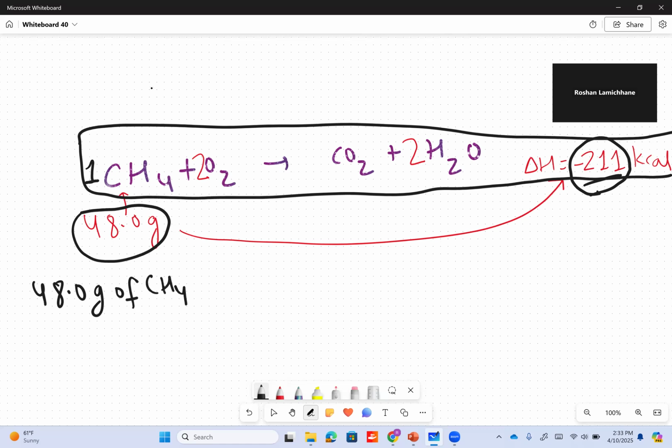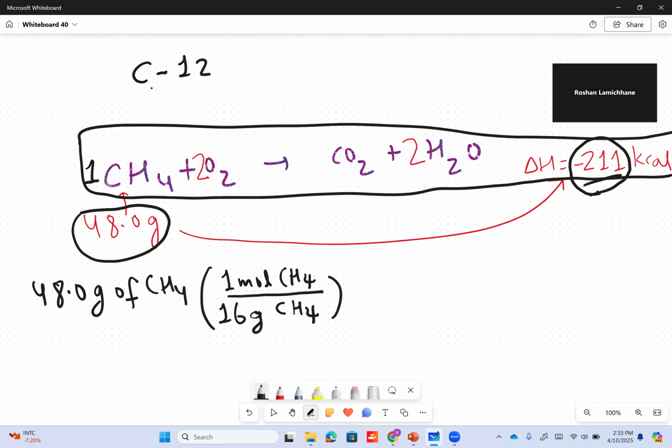So the first step I'm going to do is convert my mass of methane to moles of methane. And I use something called molar mass. If you're not familiar with this concept, make sure you revisit that. How do I get this number? Carbon's atomic weight, if you look at the periodic table, is 12.011 AMU, so plus 12.